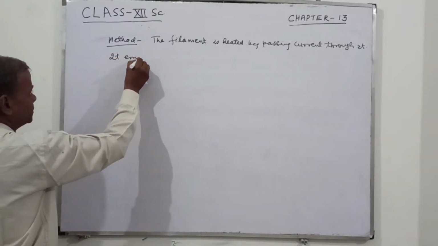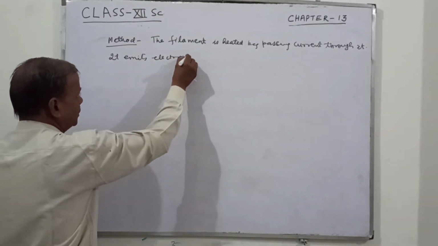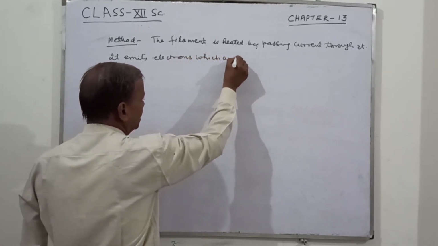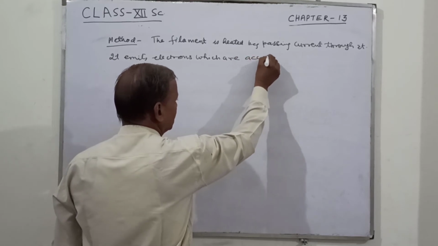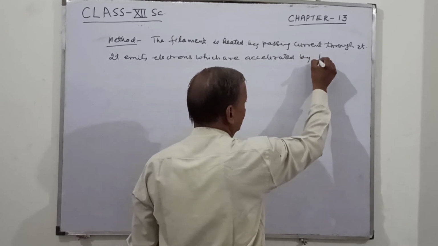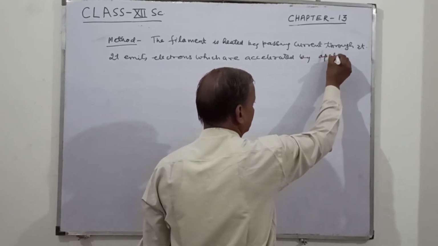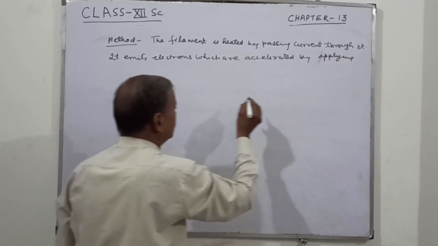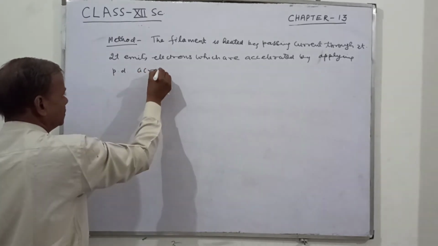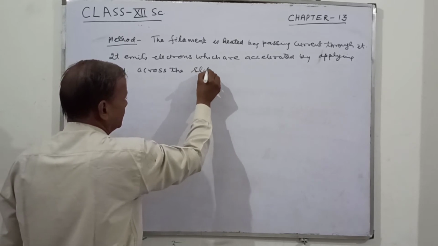It emits electrons which are accelerated by applying a potential difference across the slits.